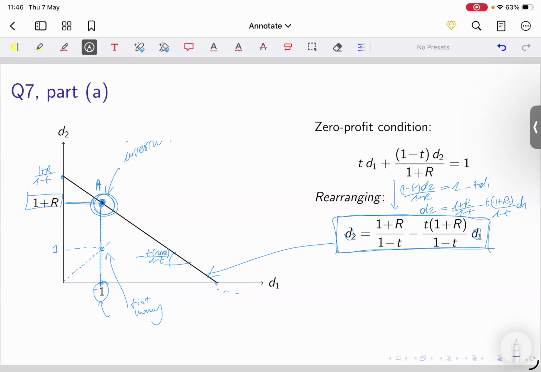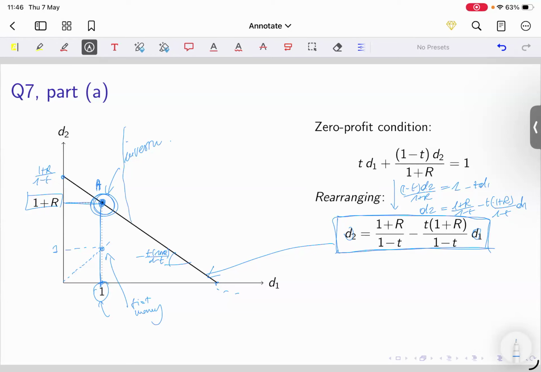What about if they enter a contract with me, they deposit with the bank? Then they will get a certain D1 in period 1, a certain D2 in period 2. When will they enter it? When rationally they're better off. So this happens whenever they have preferences of this sort.